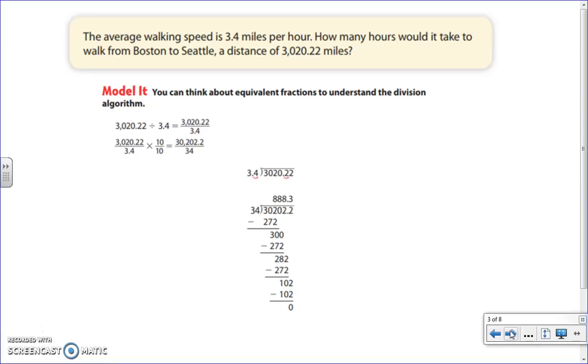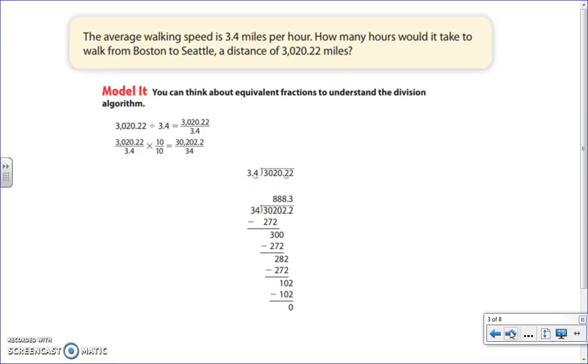When I model this with the long division algorithm, what I prefer to do is move the decimal out of the conversation altogether by using a different equivalent problem. In this case, it looks like they're going to take a little different approach.